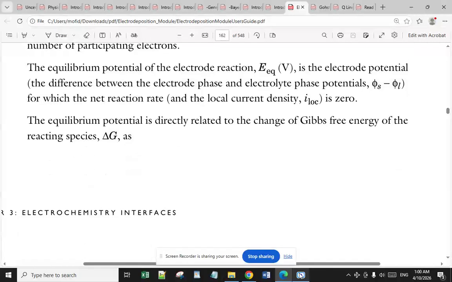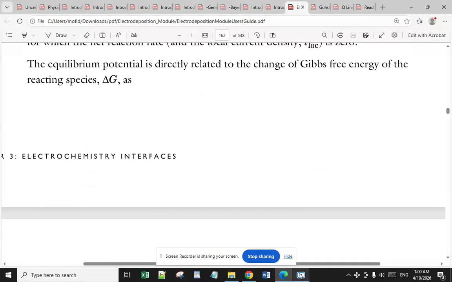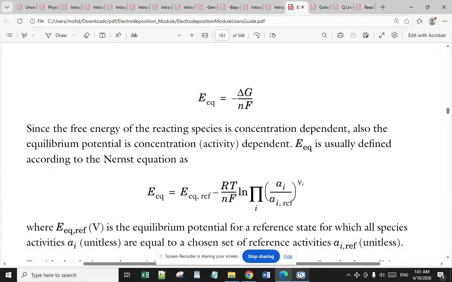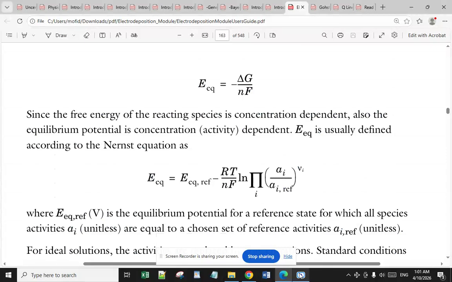The equilibrium potential of the electrode reaction, E_eq, is the electrode potential, the difference between the electrode phase and electrolyte phase potential, V_s minus V_l, for which the net reaction rate and the local current density i_local is zero. The equilibrium potential is directly related to the change of Gibbs free energy of the reacting species, delta G, as follows. E_eq is equal to minus delta G divided by nF for the constant system.